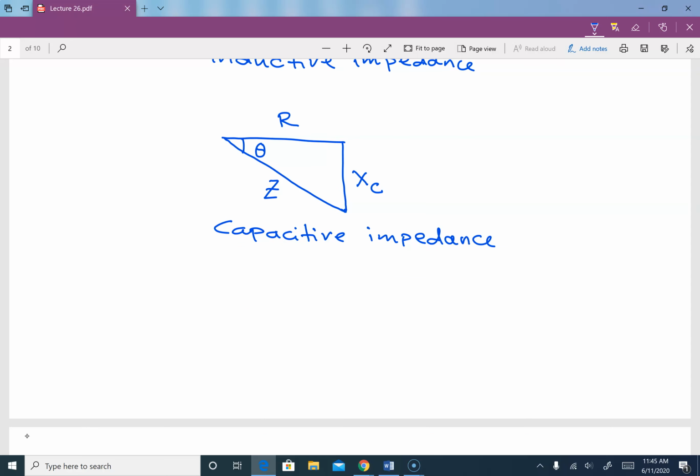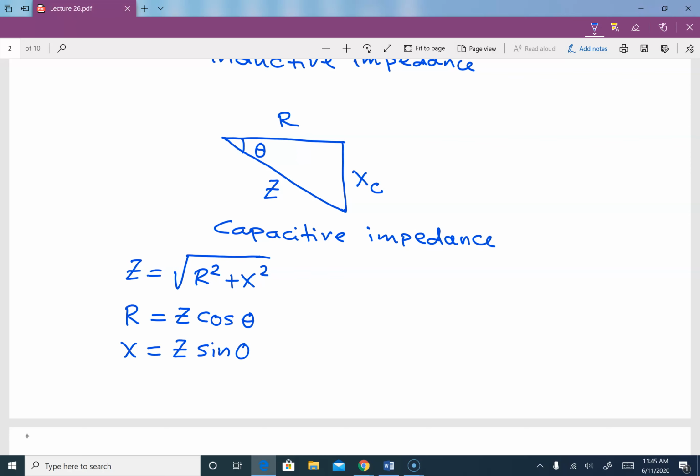And of course, in both cases, we can say that the magnitude Z based on the impedance triangle, that is equal to the square root of R squared plus the reactance squared, and our R is equal to the magnitude Z cosine theta, and our X, which is the reactance, that is Z sine theta, and the theta itself, that is the inverse tangent of X over R, so reactance divided by resistance.